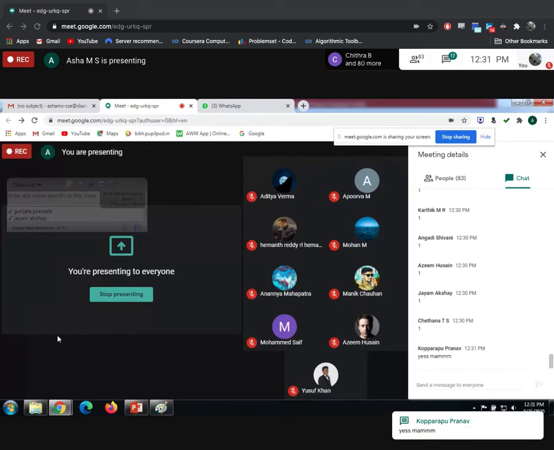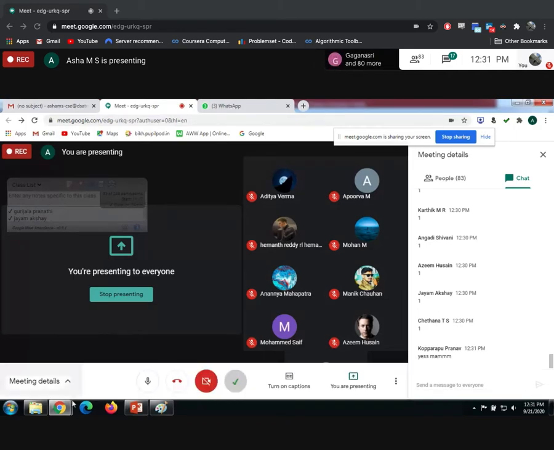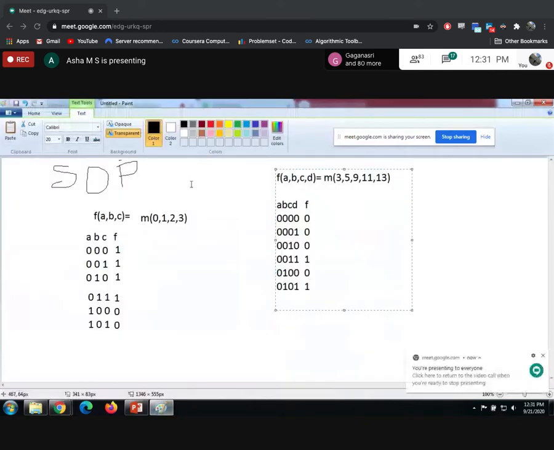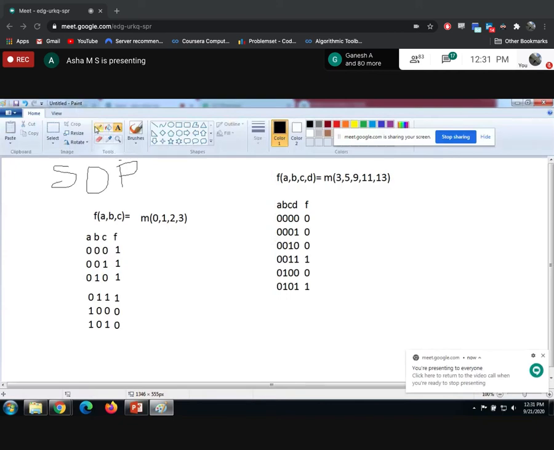Is anyone having doubt how to write the truth table when they give the function? So still, if you have any doubts before you write that: this is for beginners, those who get confused while writing, for them I'm teaching.